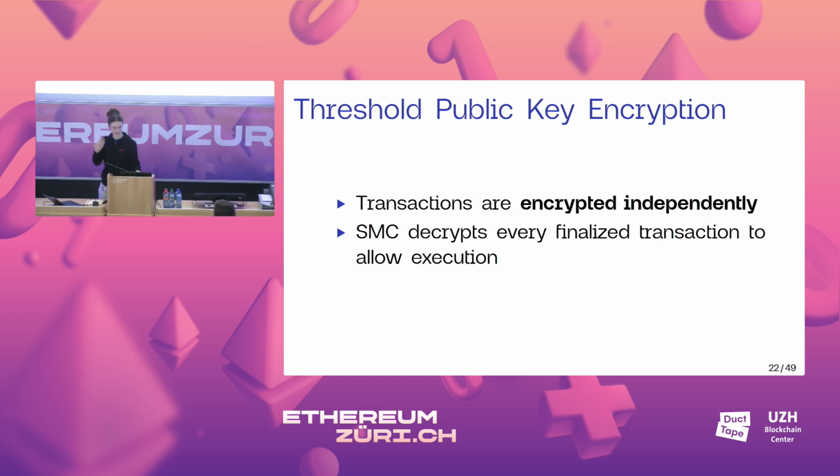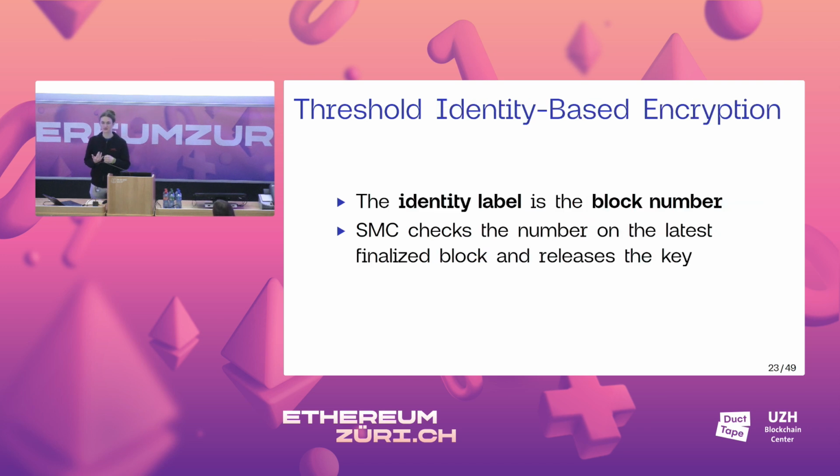And the other mode is called threshold identity-based encryption. In this scheme, transactions are encrypted such that they can all be decrypted if they have the same block number. And the SMC will look for a finalized block with the block number, but it's unable to decrypt individual transactions. It has to reveal a decryption key for every transaction that was encrypted for that block number.